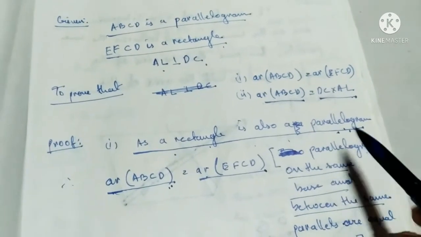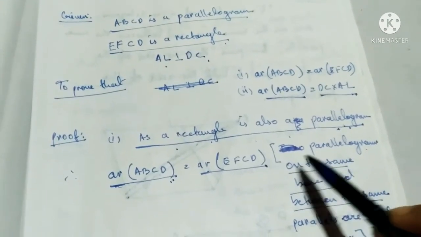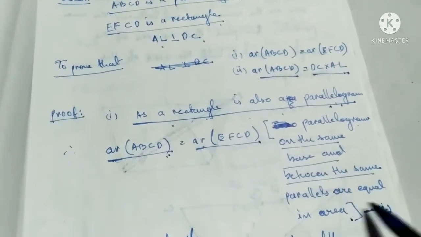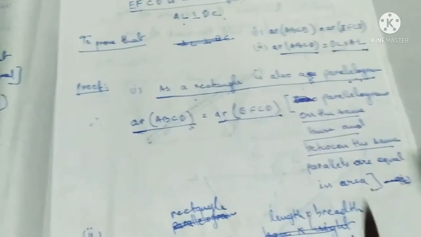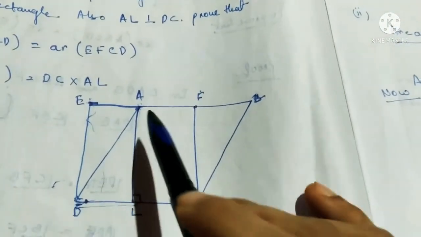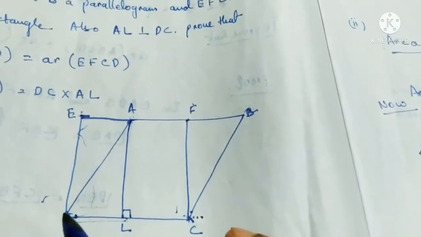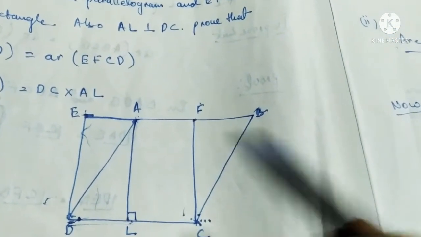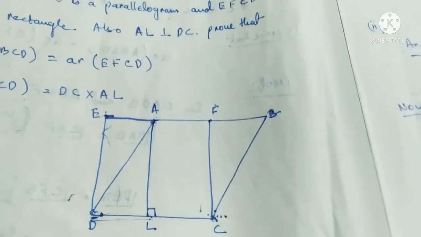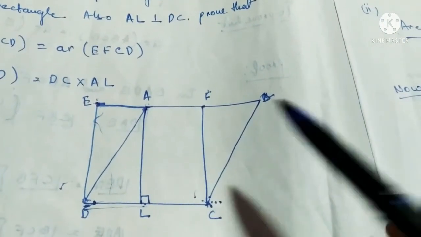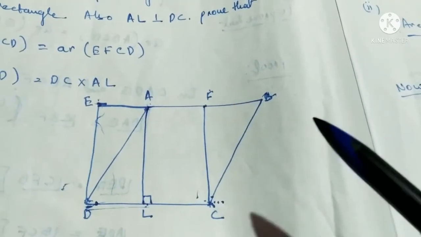Because from the theorem that we have earlier proved, we know that parallelograms on the same base and between the same parallels are equal in area. This rectangle is also a parallelogram, yes or no? So I can consider this rectangle as a parallelogram, and ABCD is a parallelogram.